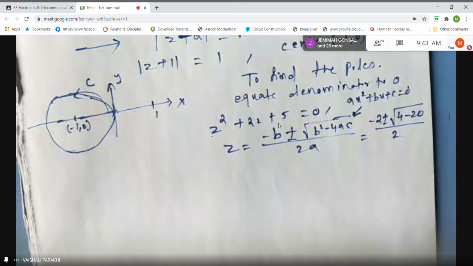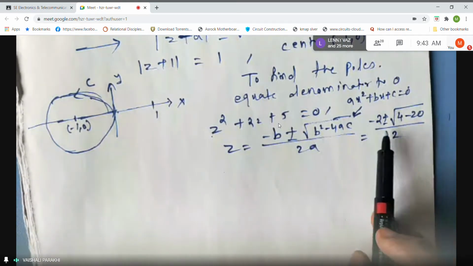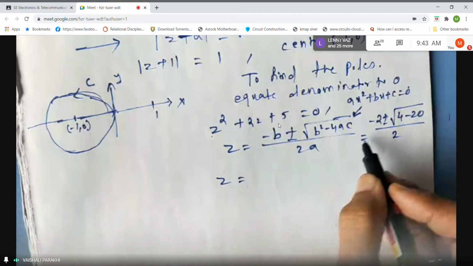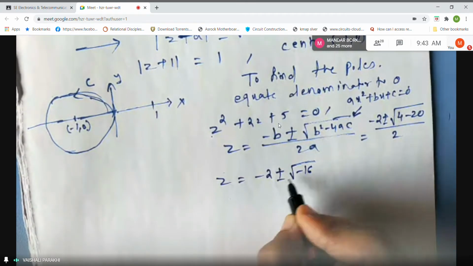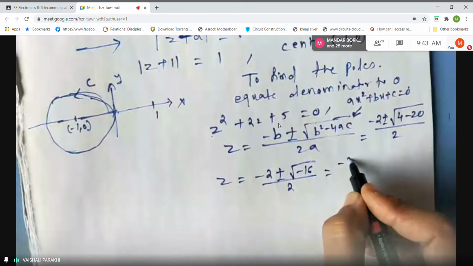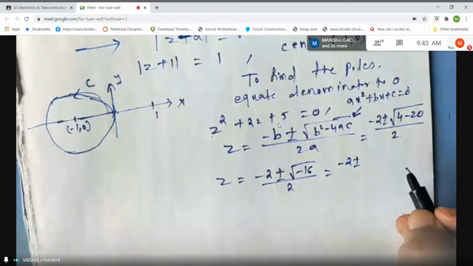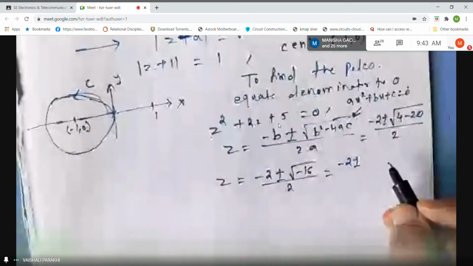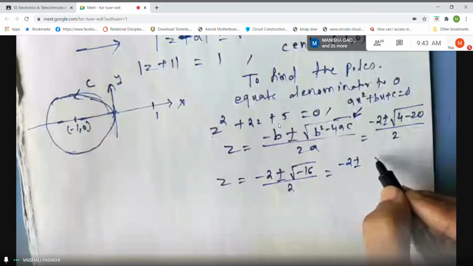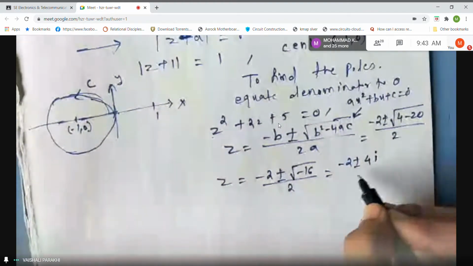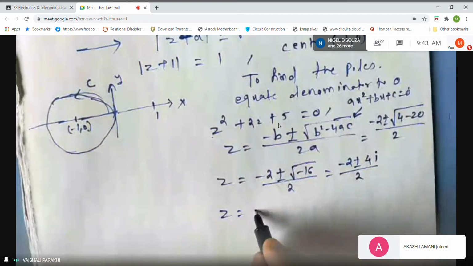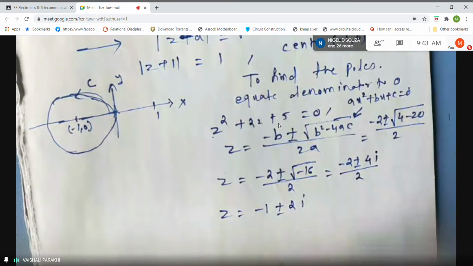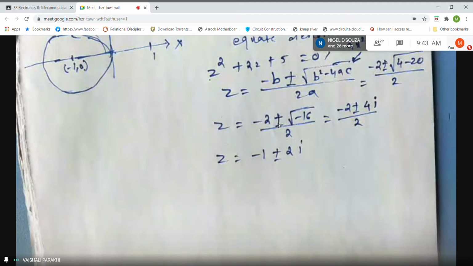Right? So I have substituted the values of a, b, c and I am getting this. So what is z? I am getting, see students, minus 2 plus or minus root of minus 16 by 2. Now minus 16 means an imaginary term, right? 4i divided by 2. So z is equal to minus 1 plus or minus 2i. I divide every term by 2. So how I got 4i?